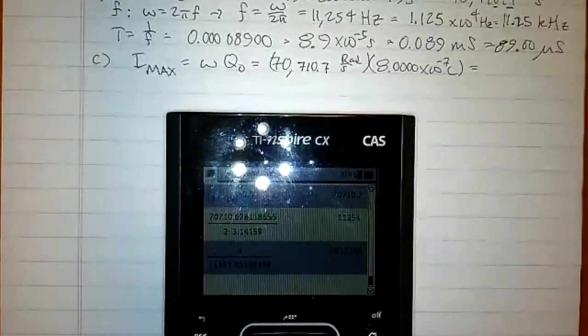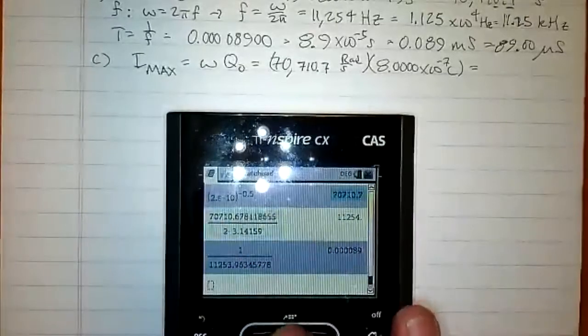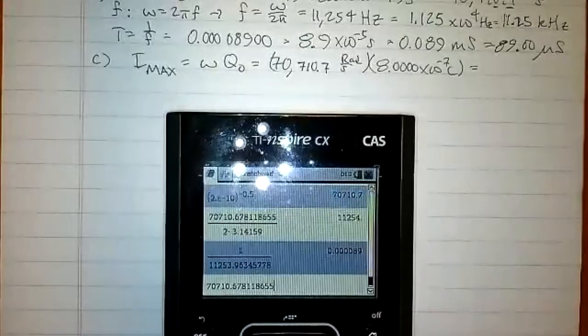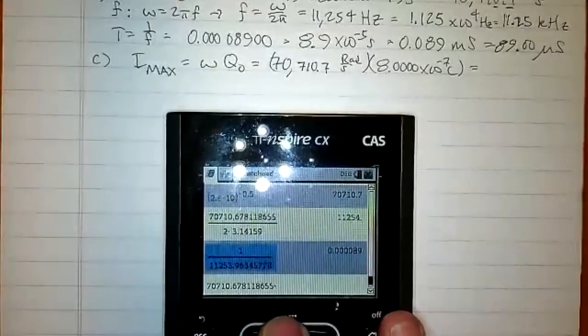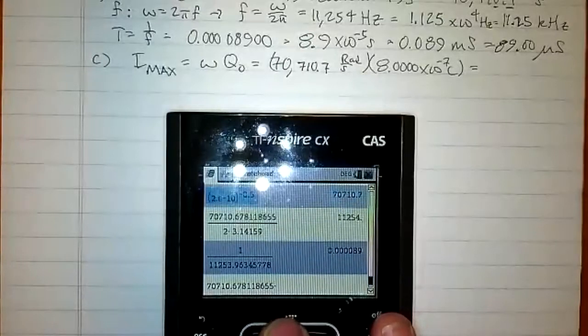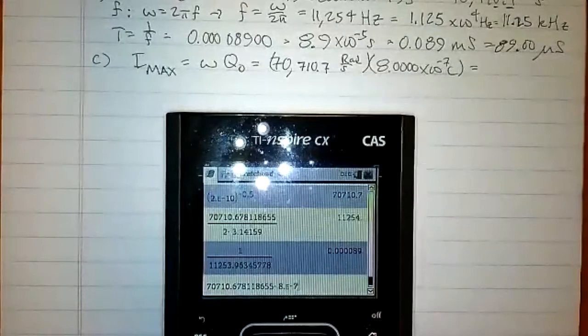So my number is going to be 7. Actually, I'll go up and grab that number. And then I'll multiply that number times the one I got earlier, which was 8 times 10 to the negative 7, which is that number.